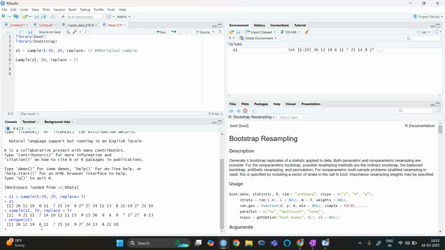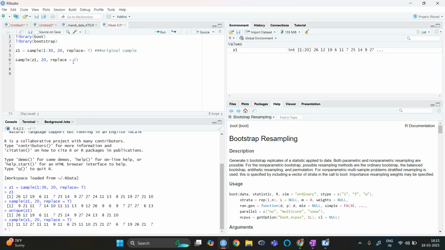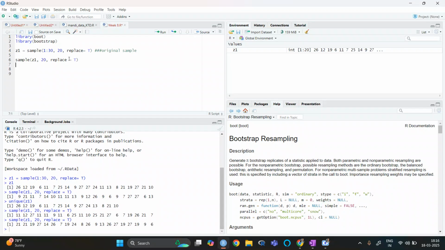As you can see, here 1 is not present, 2 is not present. So how many times I do sampling from this, 1 or 2 will not come in it because it is not present in the original sample. So this one is resampling, and we are doing the resampling b times.